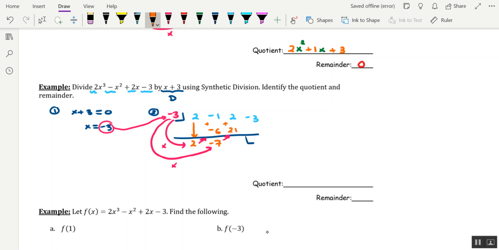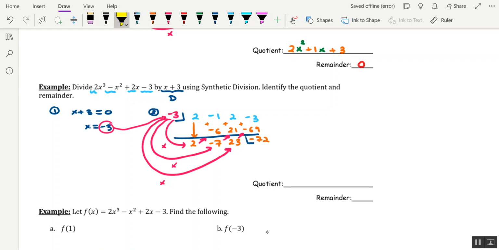Adding these down, we get 23. And then last round of multiplication by that, we are going to get negative 69. And adding negative 3 to negative 69 gives us negative 72.